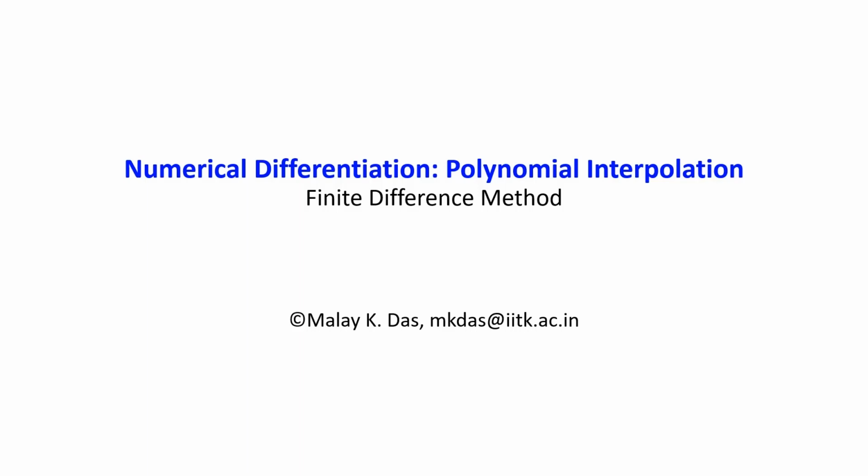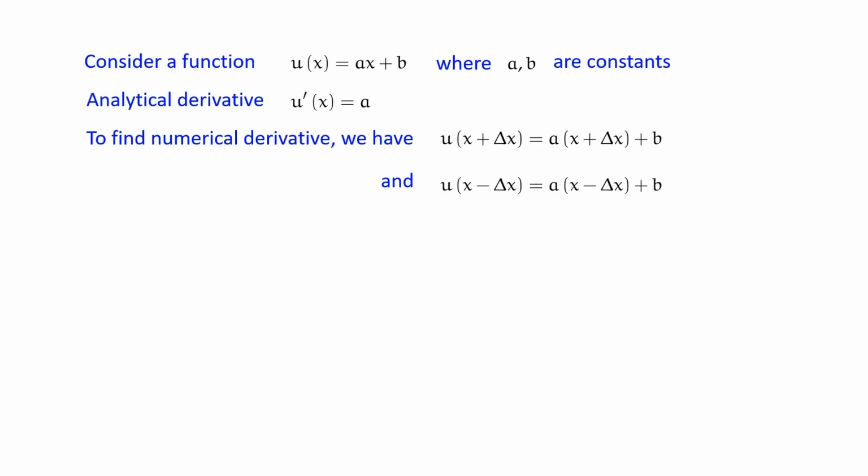Let us see with some examples. Let's take a function u(x) that is ax plus b, which means a straight line, given that a and b are constants. We know the derivative of that function, u prime x, is equal to a.